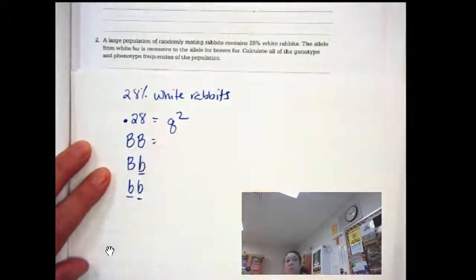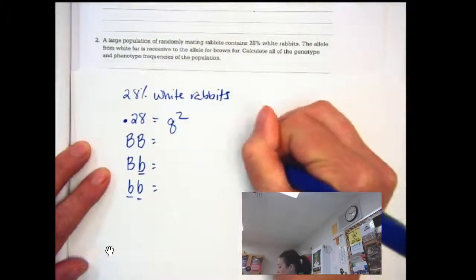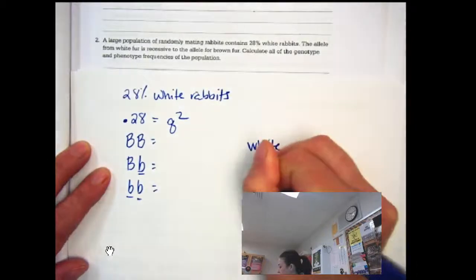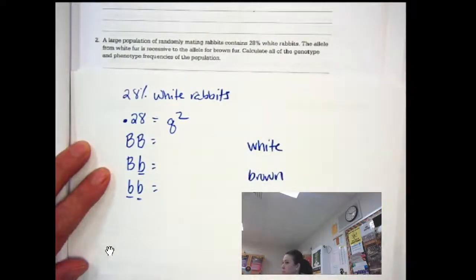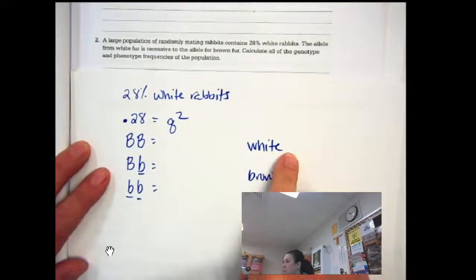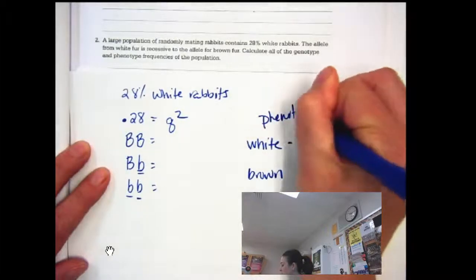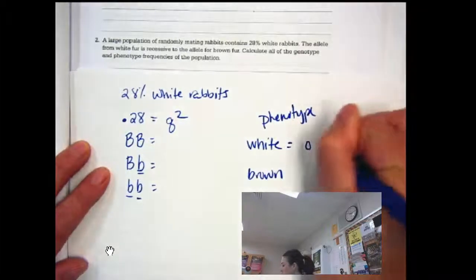So we'll calculate all of these genotypes, and then we'll calculate the phenotypes, white or brown fur. I already know my frequency for one of my phenotypes, because I know that white is 0.28.